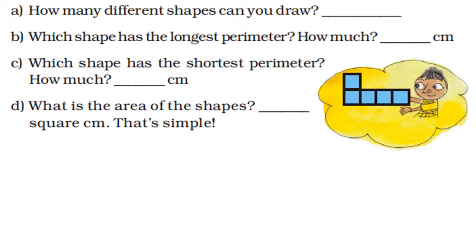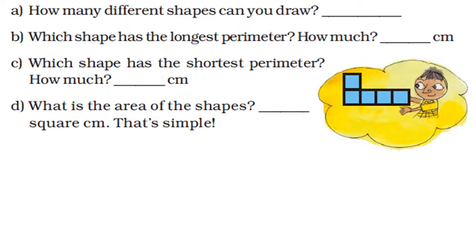All right, the next question, which shape has the longest perimeter? How much? The longest perimeter is 12 centimeter. And which shape? All the shapes except shape P. Okay, which shape has the shortest perimeter?